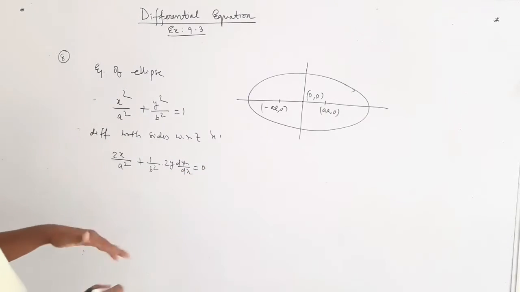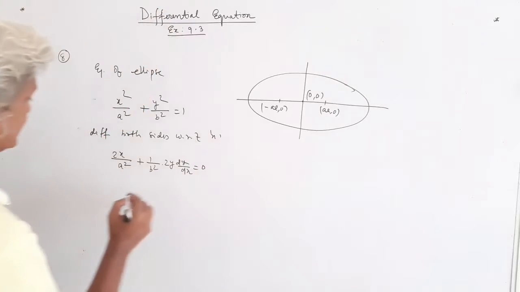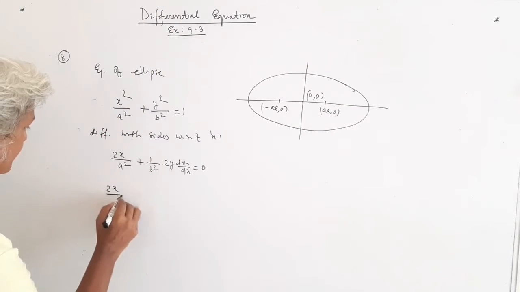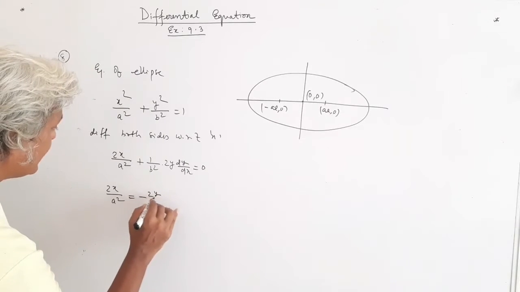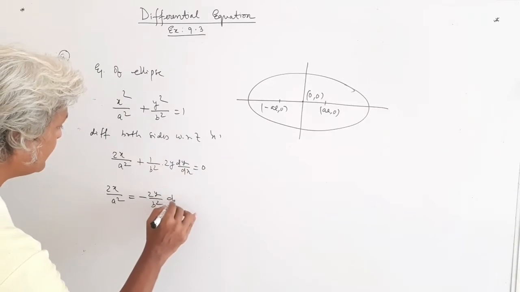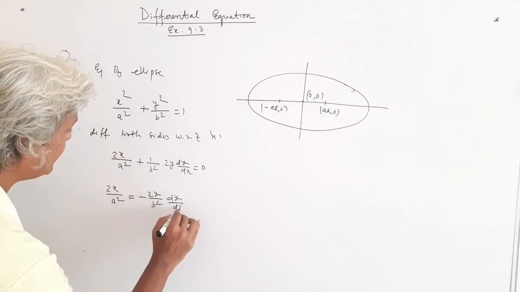Now we can write this like this: 2x/a² = −(2y/b²) dy/dx.